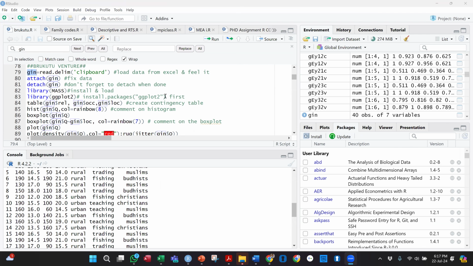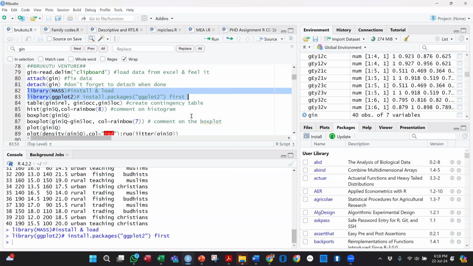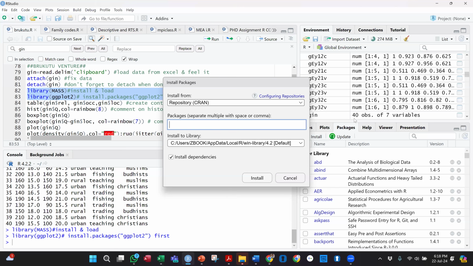So if you already have installed a package, you run the package. In this case, I'm running MASS and ggplot. I just ran them because I've installed them already. If you have not installed them, then one by one, you click on packages in this section here.